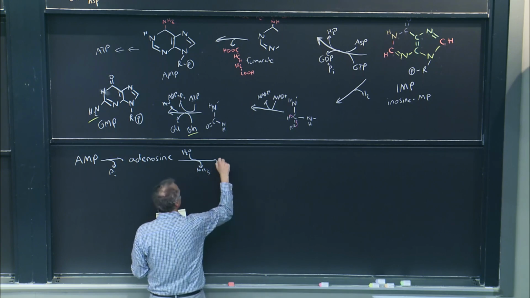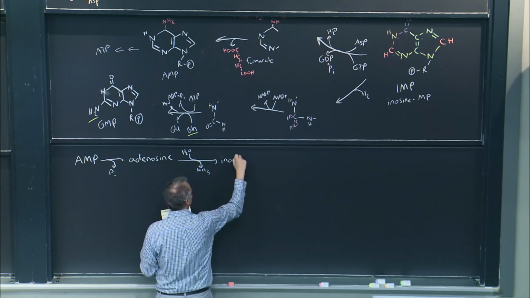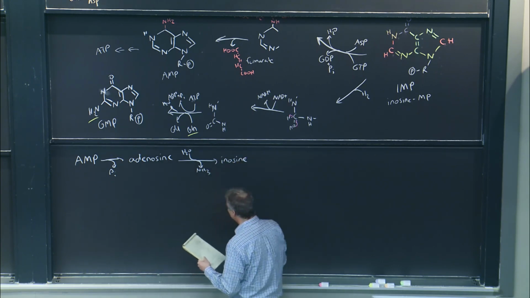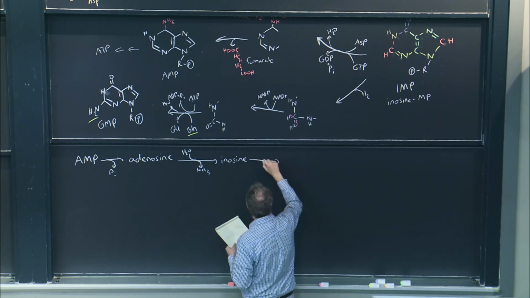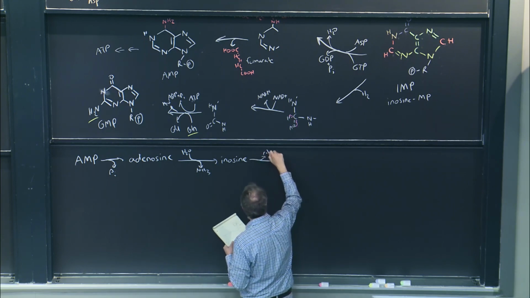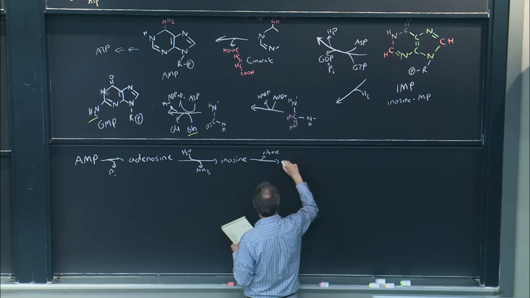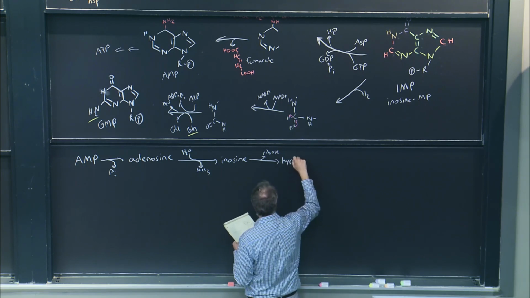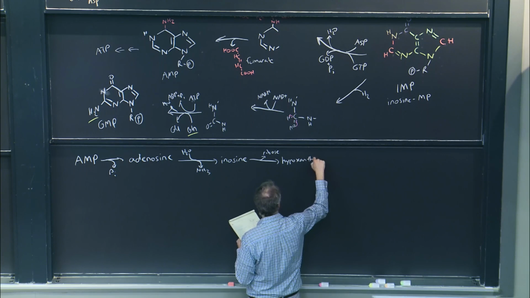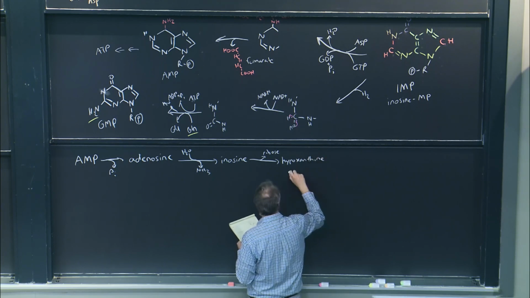Take off the nitrogen to move back to the nucleoside, inosine. Now we can remove the ribose from inosine. What we're left with is the base, which is hypoxanthine. Okay, so I'll draw out hypoxanthine for you here.